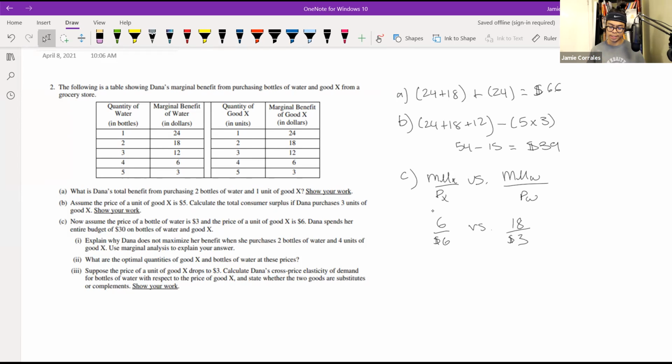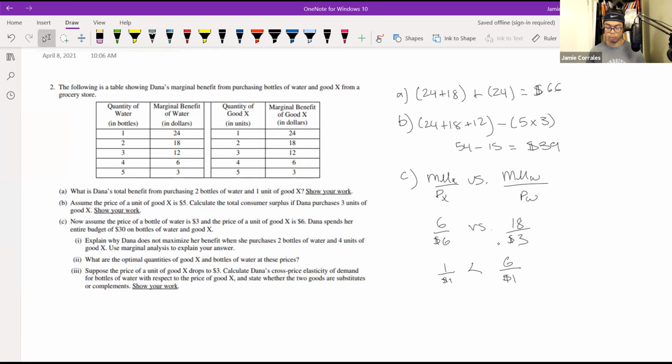So if we break it down, for $1, the marginal utility for X that she gains is just 1, versus 18 divided by 3, which is 6.